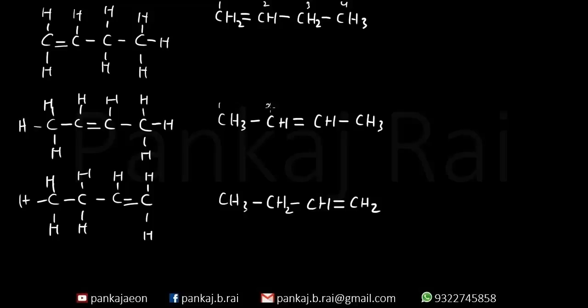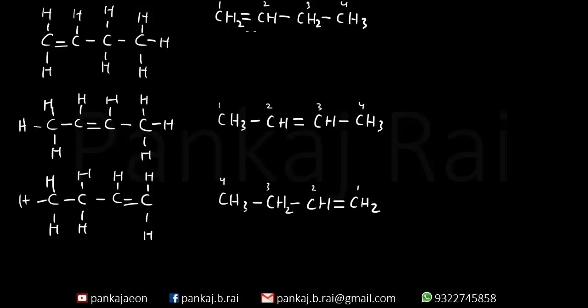Let's say this is 1, 2, 3, 4. In this one, the numbering cannot begin from here. It should begin from here because this is the nearest carbon having the double bond. So it will be 1, 2, 3, 4. Now they all are butene, but the position of the double bond differs in them.